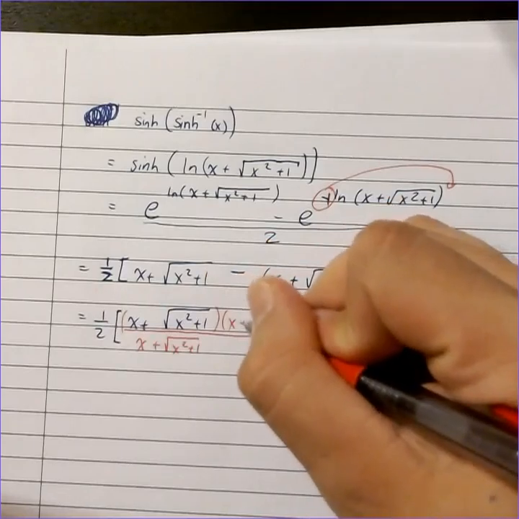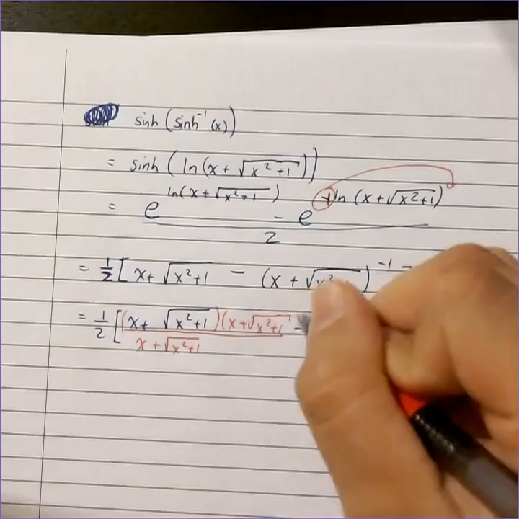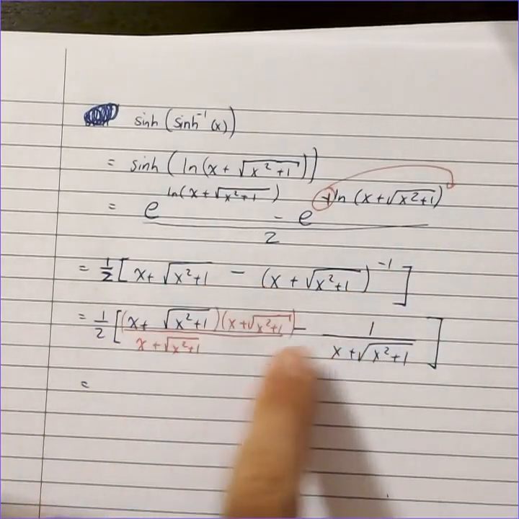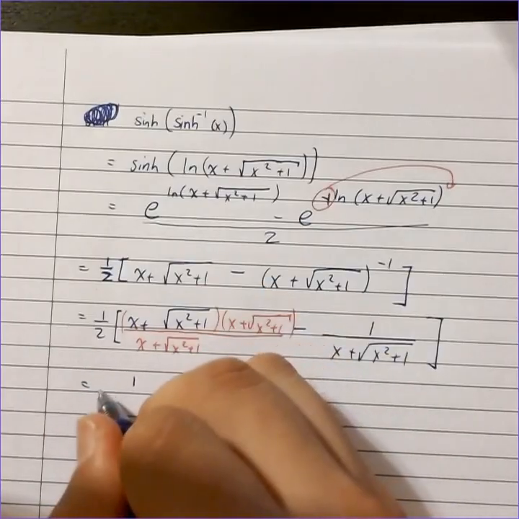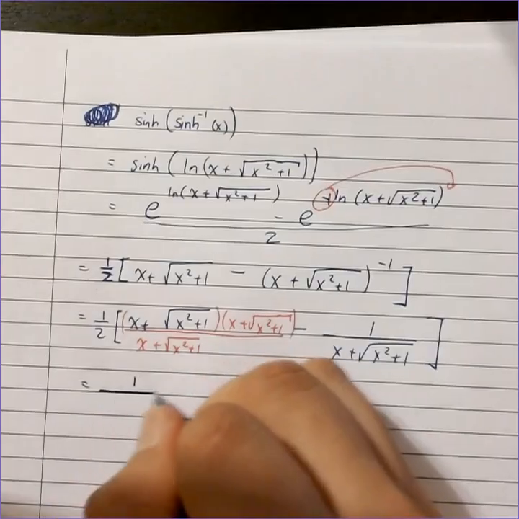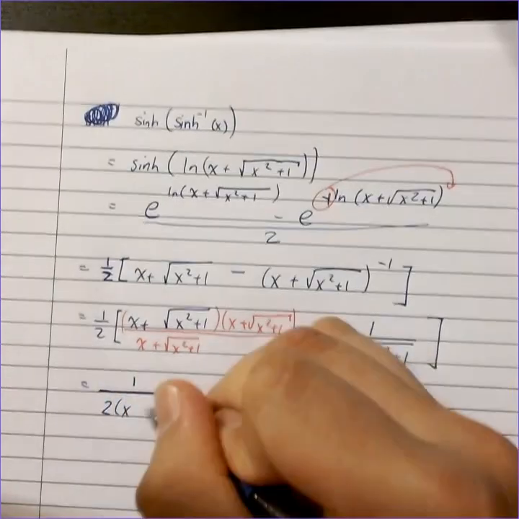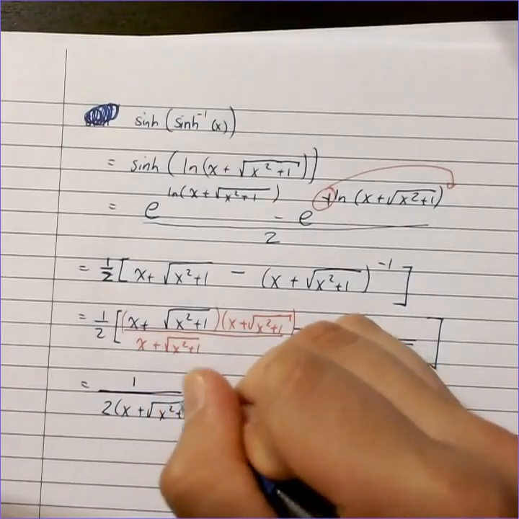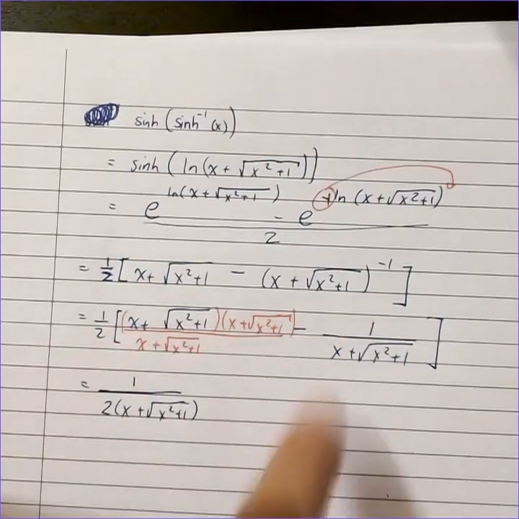X plus square root of x squared plus 1, just like that. So now this is going to give us a common denominator. So that's going to be 1 over 2 times x plus the square root of x squared plus 1. All I've done is I've factored out the common denominator out here. So now let's simplify this stuff in here.